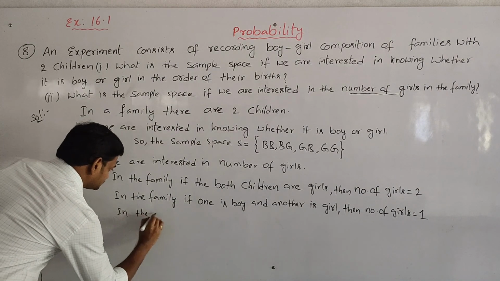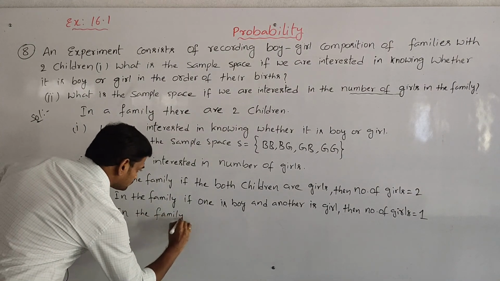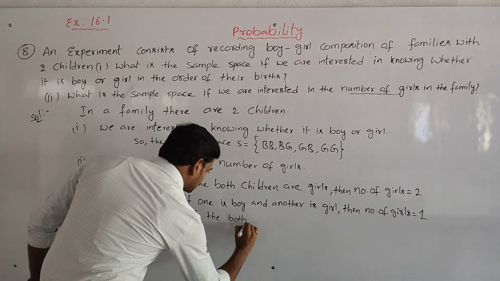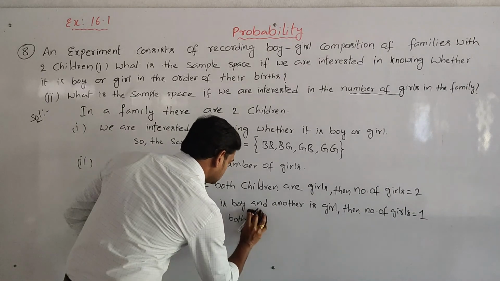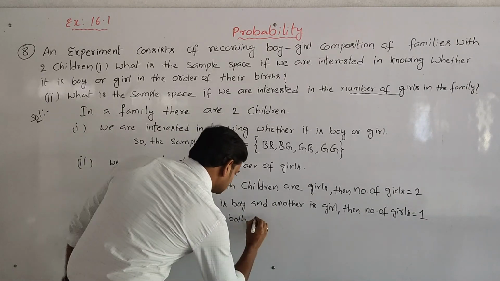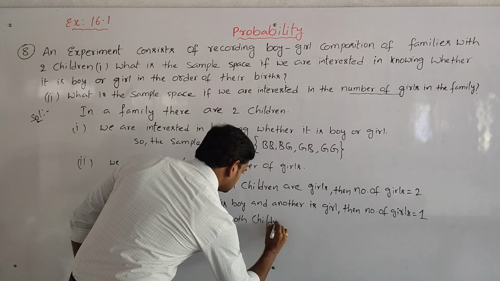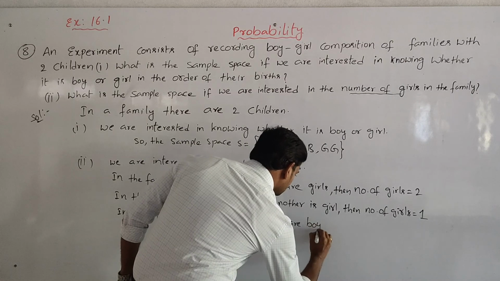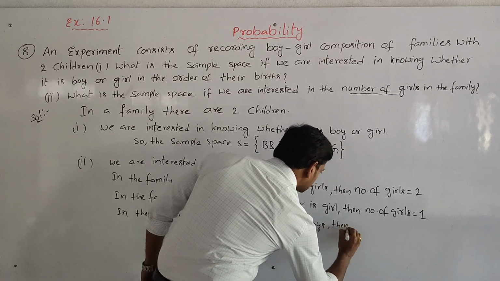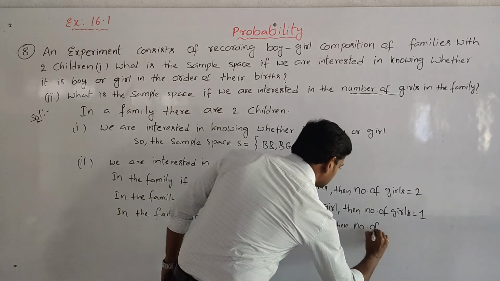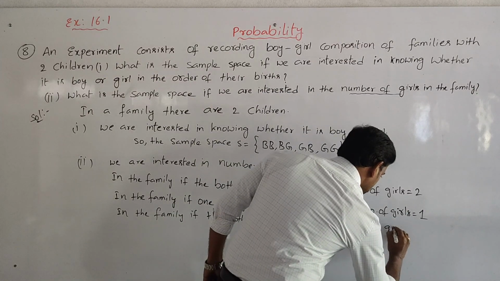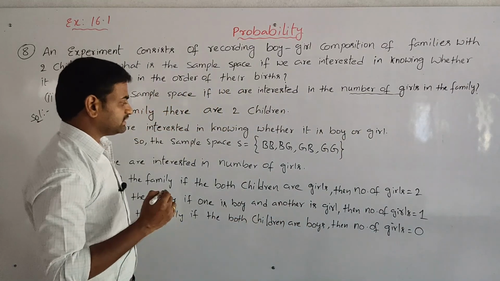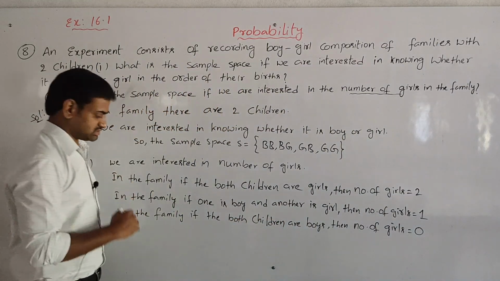In the family, if both children are boys, then number of girls equal to how many? 0. Now we have to write the sample space for number of girls.